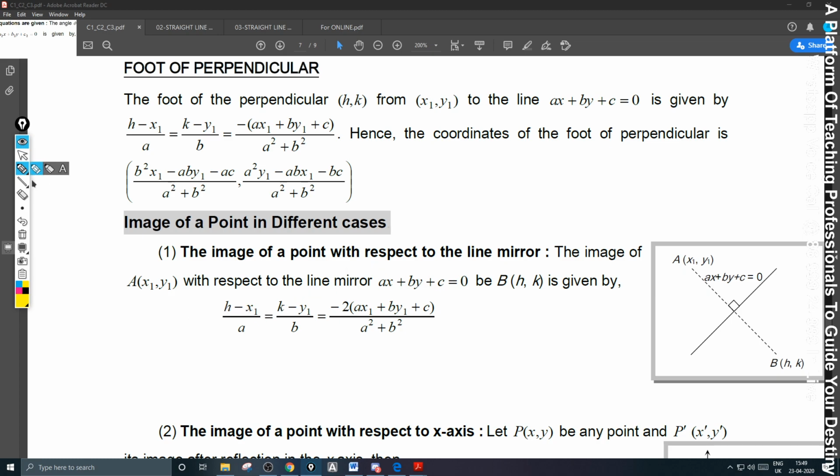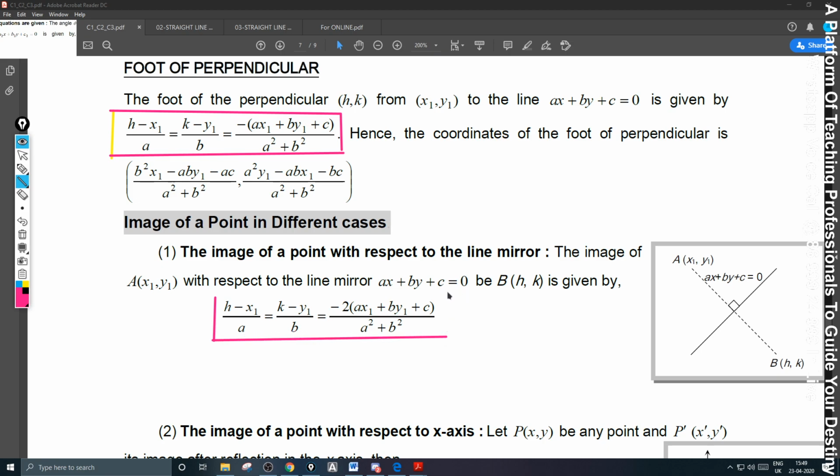Let me show you that. This is the method. Just check it out. This is the foot, and this is the image. What is the difference between that and this?